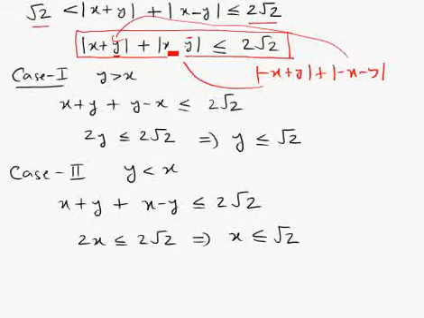So it means whatever region this inequality represents would be symmetrical about the y-axis as well as the x-axis. Because if we replace x by −x there is no change, whatever we draw in the right half would be the same as in the left half.